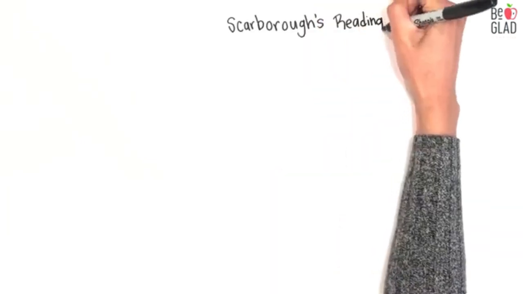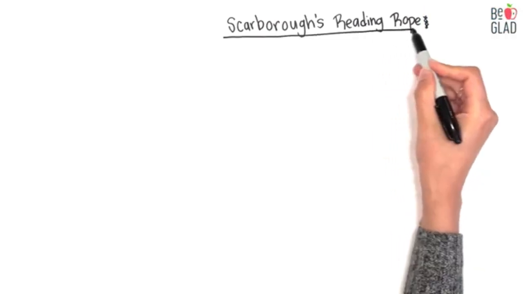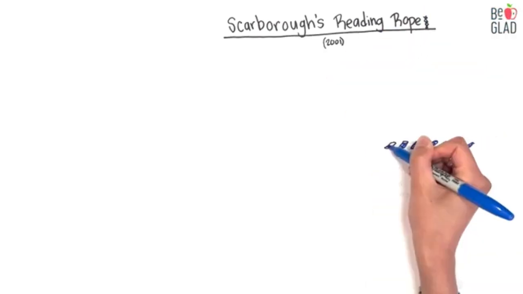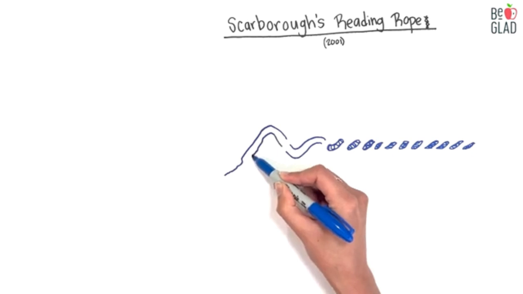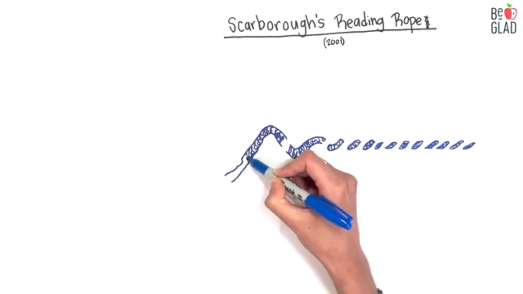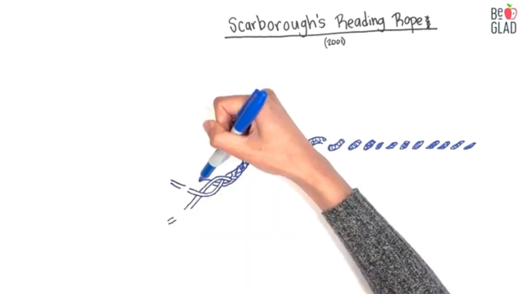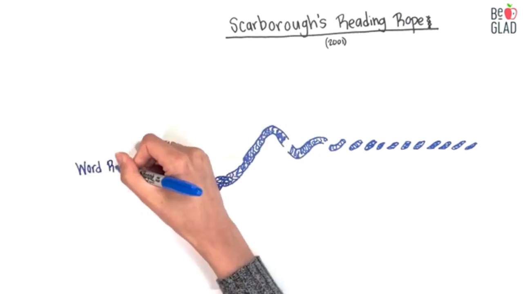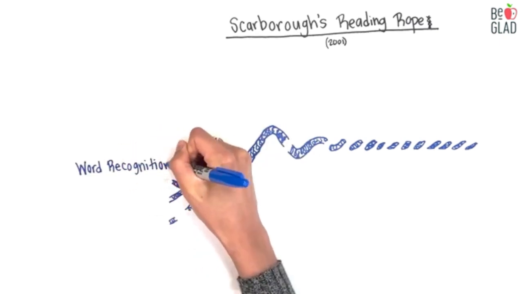We'll begin by looking at a model that was developed by Hollis Scarborough called Scarborough's rope. Scarborough's rope shows 2 big elements that are essential to teach people how to read. Within those big elements, there are specific strands. We'll start at the bottom. The bottom relates to word recognition.